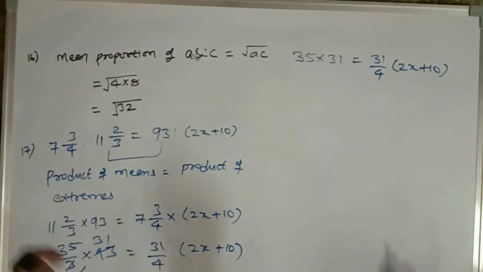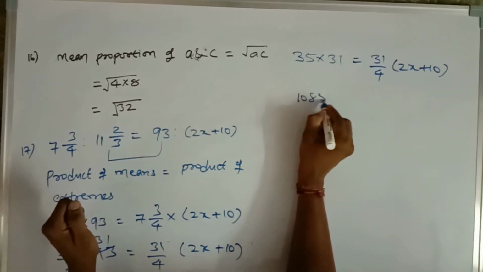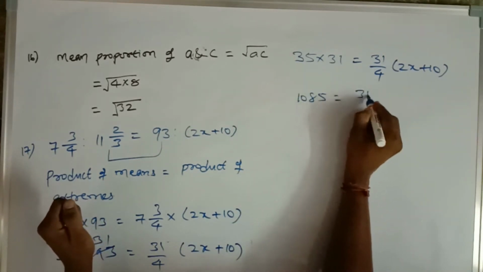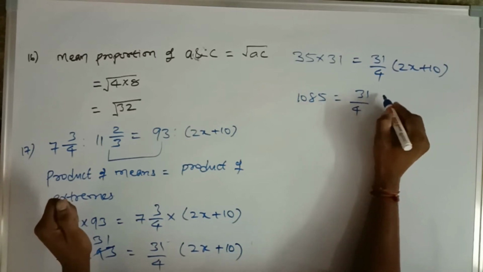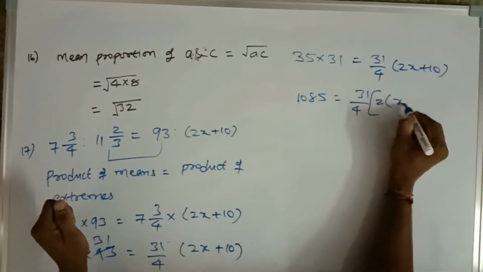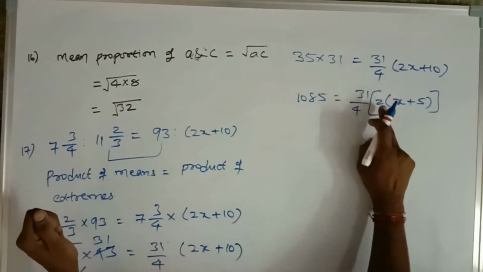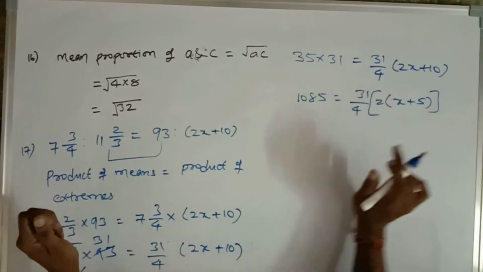Children, next see, 31 into 35 is equal to 1085 is equal to 31 by 4 into, I am taking 2 common in this, so 2 common means x plus 5. See here, 2 into x is 2x, plus into plus is plus, 2 5s are 10.